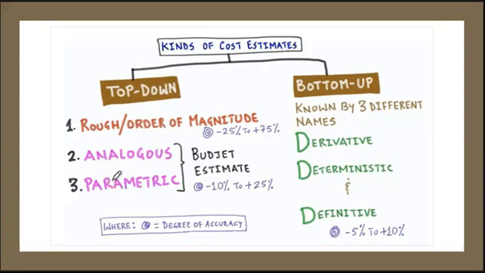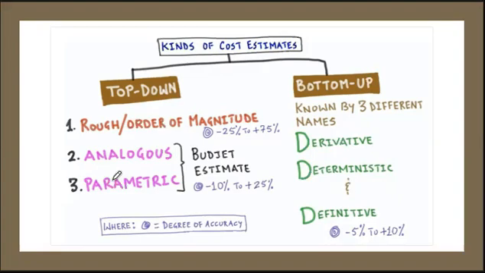And then we're going to combine those estimates from the lowest all the way up to the highest, so that we can arrive at a reasonably accurate estimate of the cost of the project. And within that type of estimating, we can expect our accuracy to be within 5 to 10%.